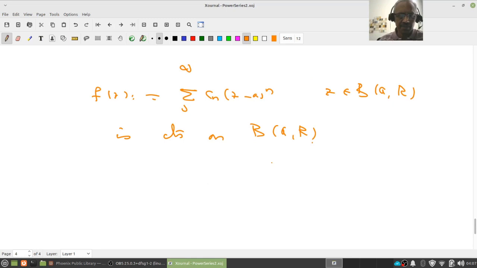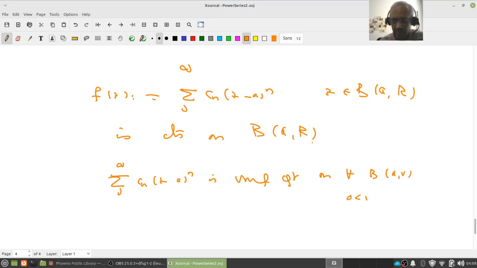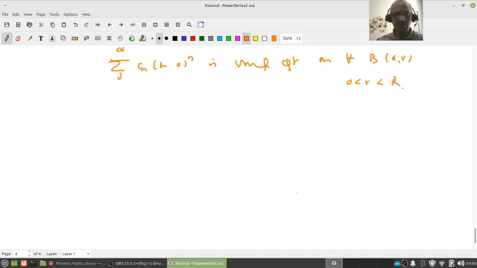And also we showed that this series is uniformly convergent on every B(a, r) where 0 is less than r less than capital R. So the natural question you might ask is whether this is uniformly convergent on all of B(a, R). So, pause, review, proceed.